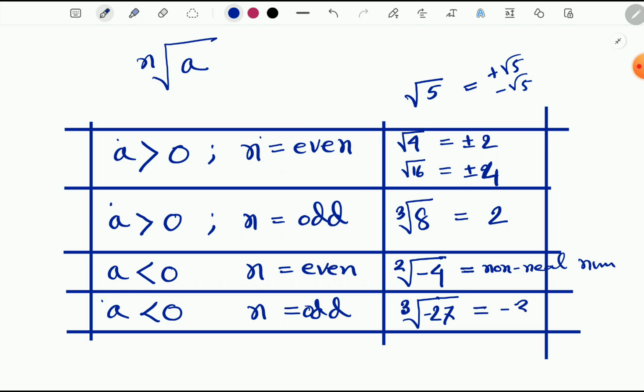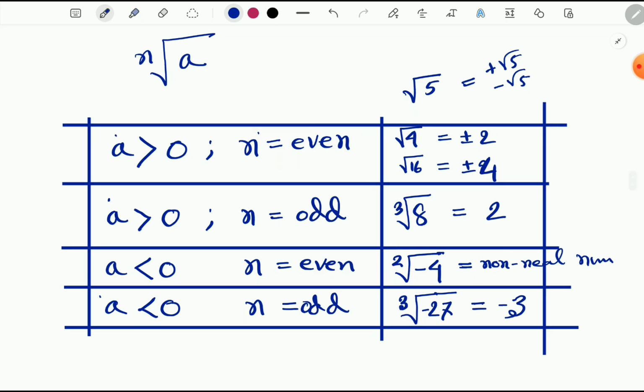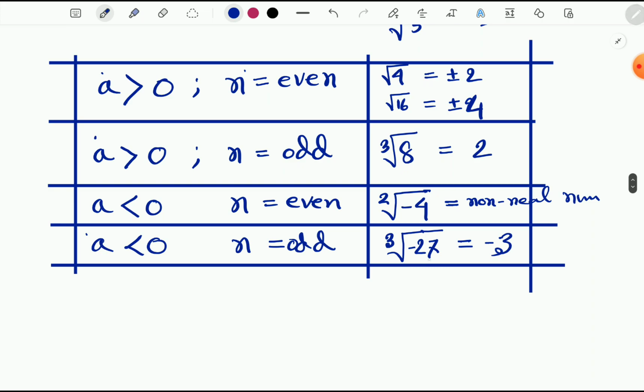So I hope you understood, when the a value is negative but the n is odd number, positive and odd number, then we'll get a root, and that is negative always. So this was the basic properties, and we can simply simplify. Minus 27 can be written like minus 3 power 3 cube root of 3. So cube root and power 3 cancel, so minus 3 remains. That's the answer.